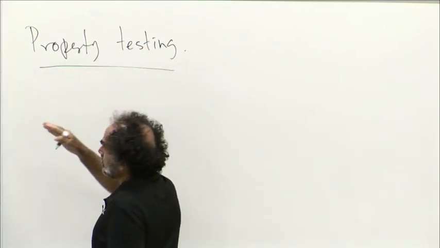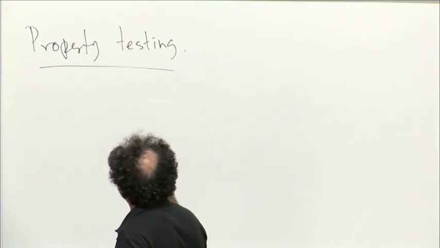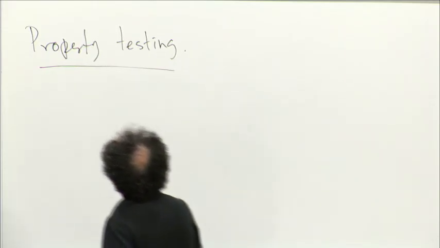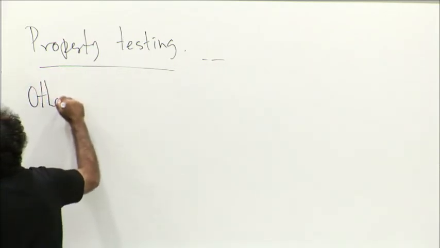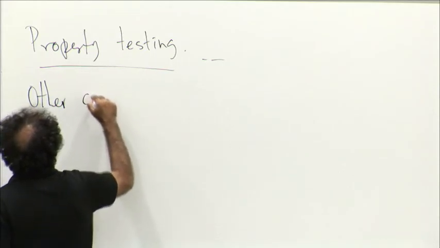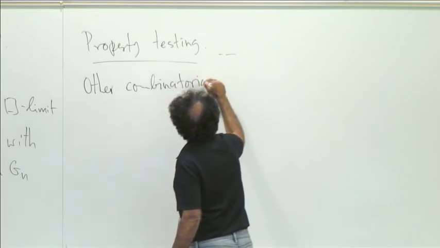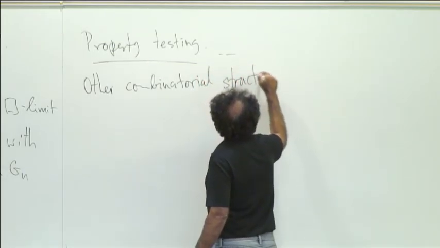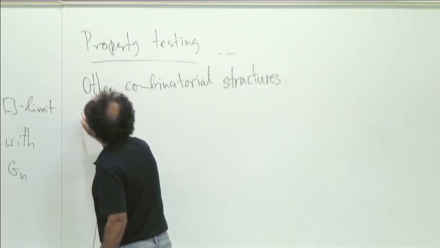That's another way to view the local structure of big graphs. We're also going to talk about other combinatorial structures, not just graphs. I will mostly focus on graphs, but we will also see, just briefly at least, two other types.